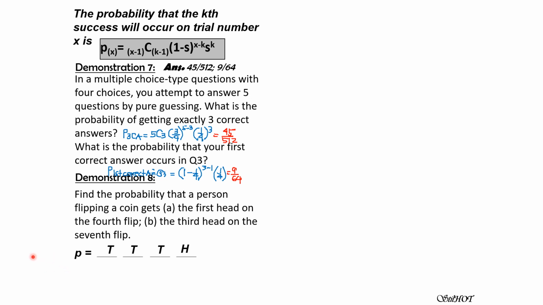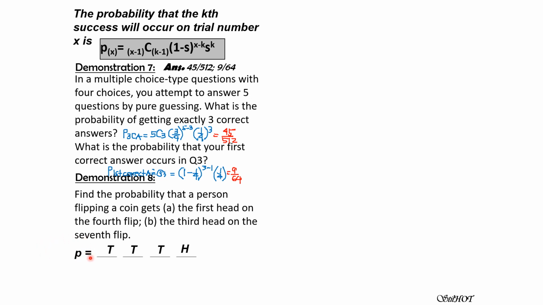Then supposedly the probability is the product of this: the probability of obtaining a tail, tail, tail, then head. So since this is the first head on the fourth flip, if this is the success event or success trial, then before that there will be 3 failures.